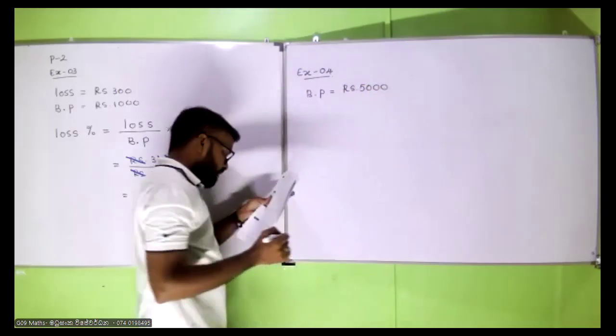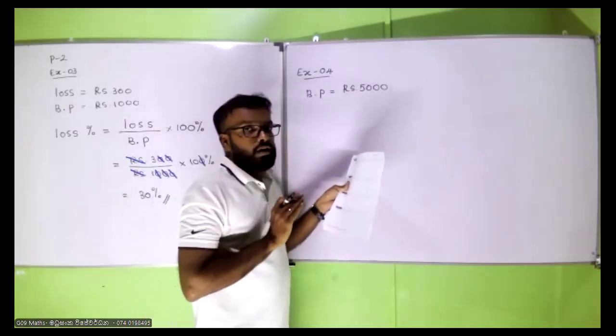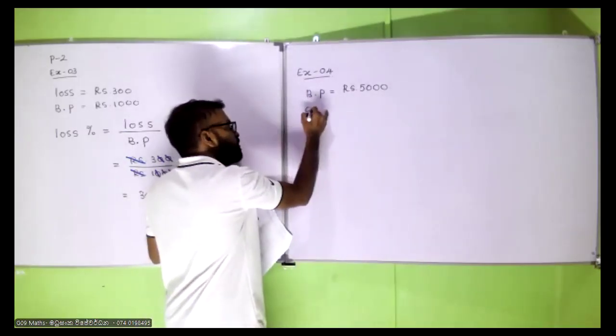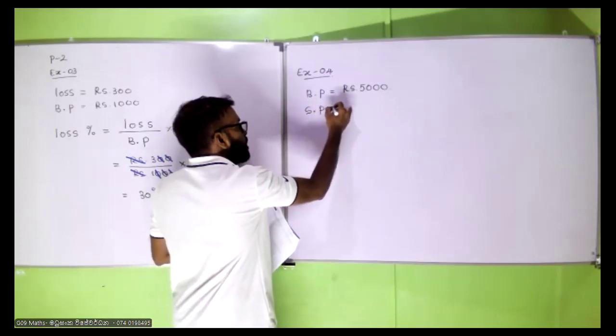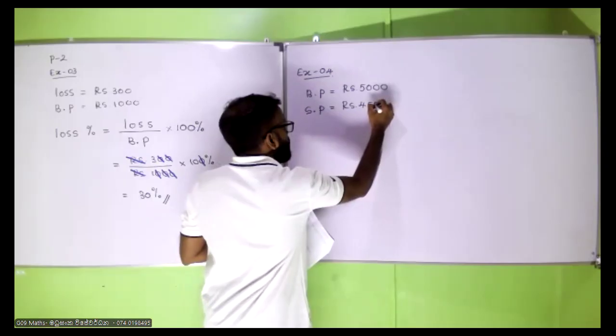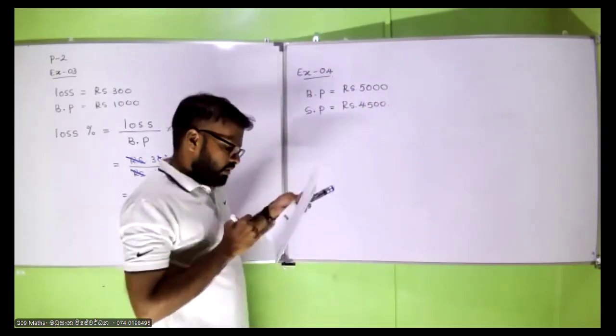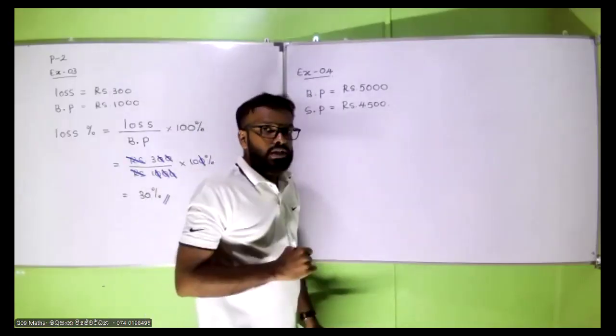And sells it for 4,500. The selling price has also been given: 4,500. Then calculate the loss percentage.